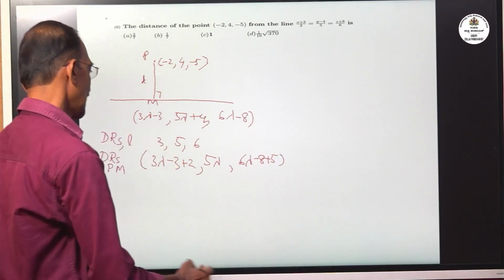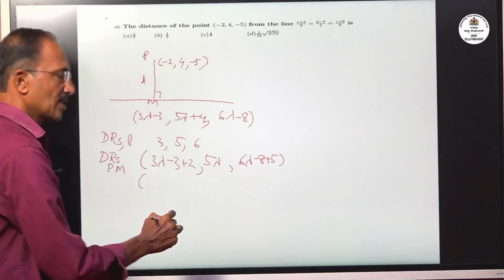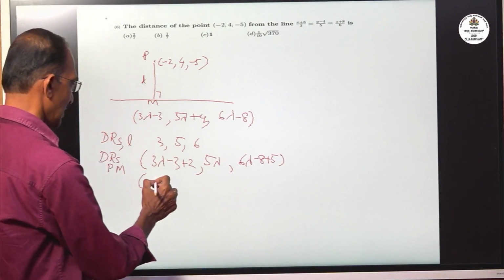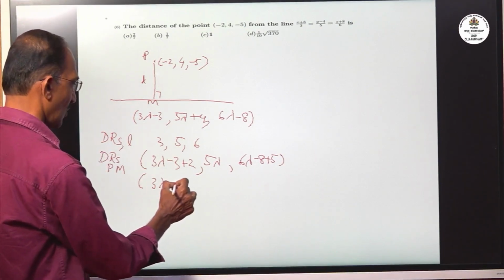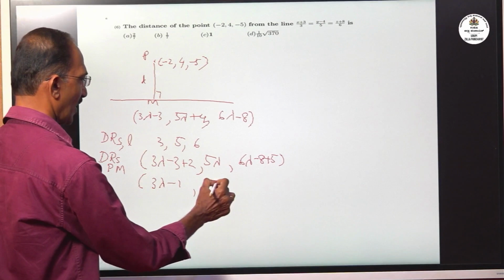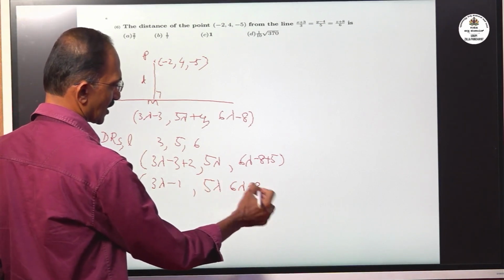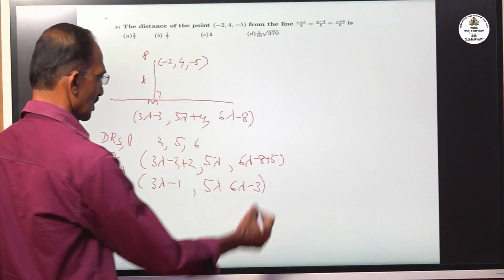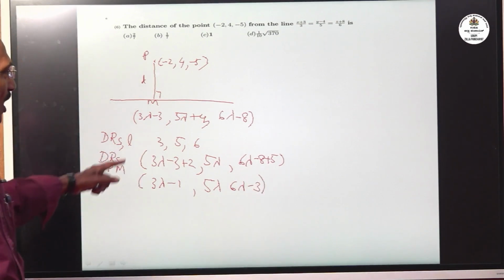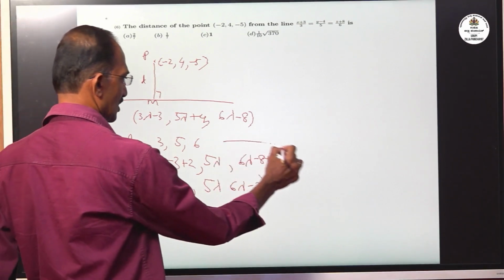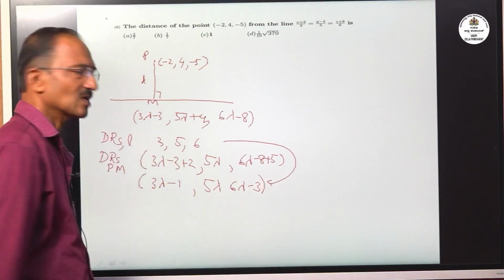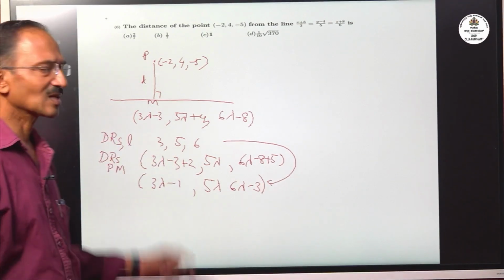So clearly the DRs of the perpendicular line are 3 lambda minus 1, 5 lambda and 6 lambda minus 3.